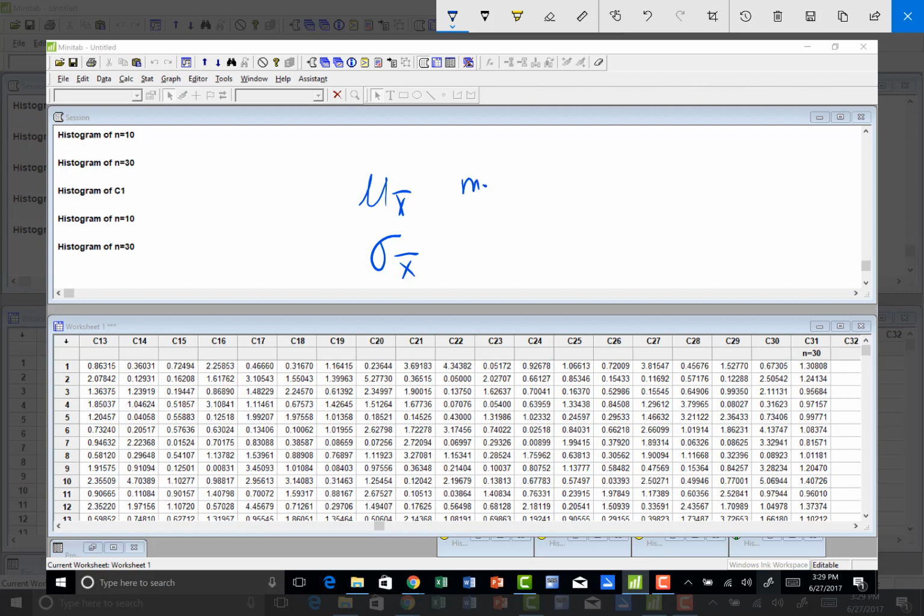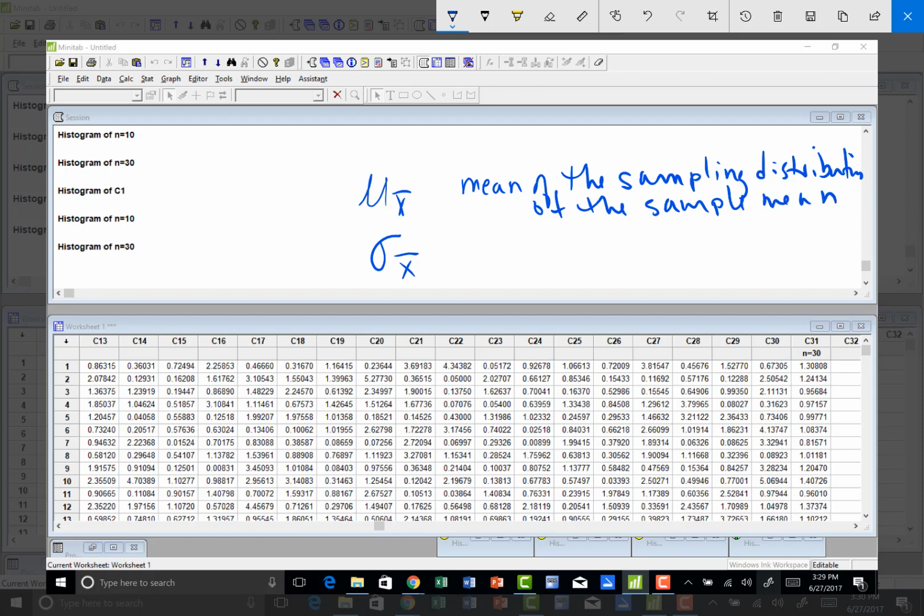So this is the mean of the sampling distribution of the sample mean. And this is the standard deviation of our sampling distribution of the sample mean, which we call the standard error.